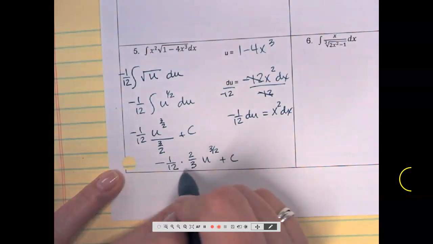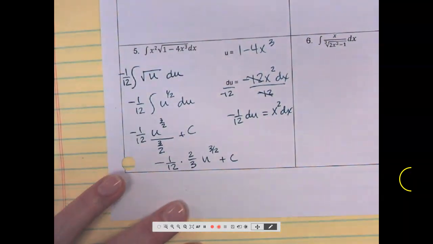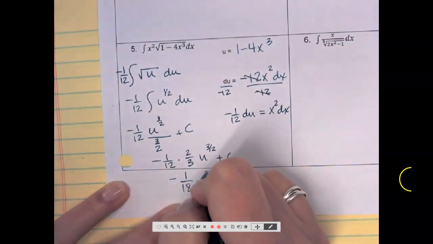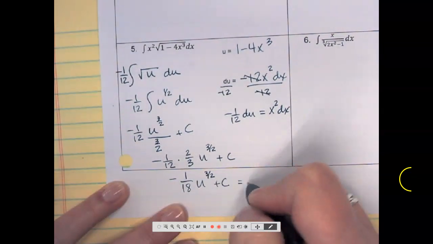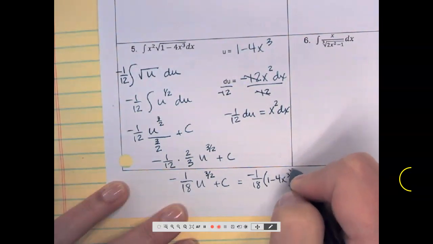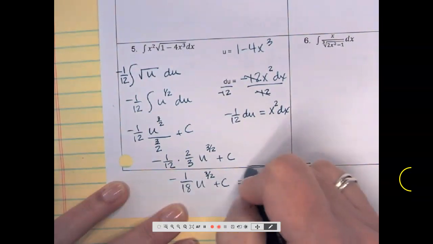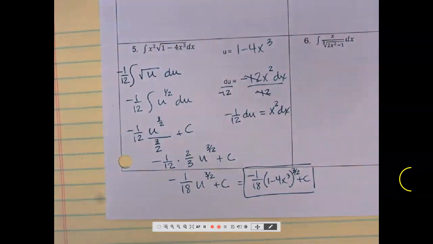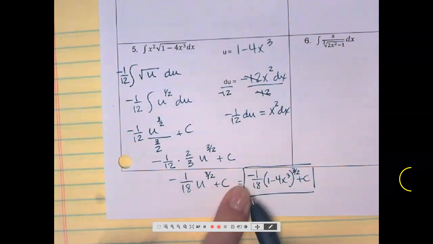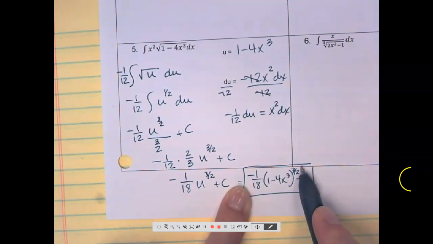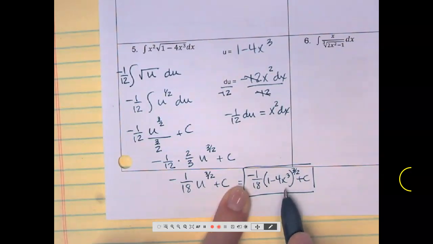It is negative 2 over 36. That's a little bit fun, isn't it? If I were going to check it, I would have that coefficient, bring this exponent down and multiply, subtract 1 from the exponent, and multiply by negative 12x squared.